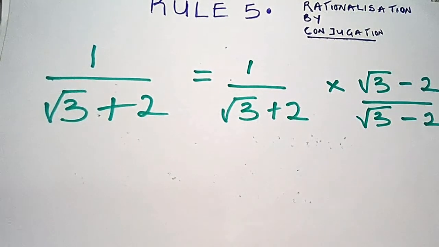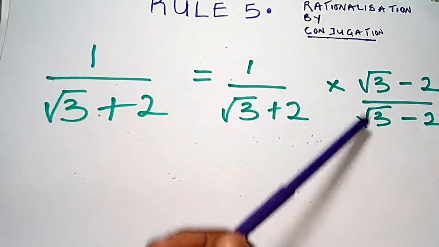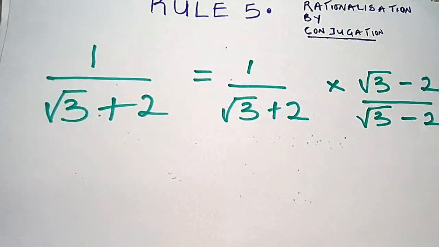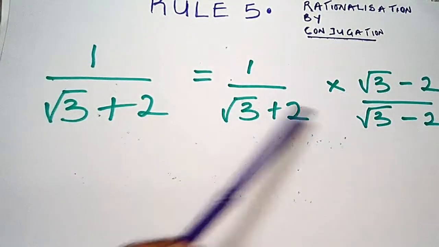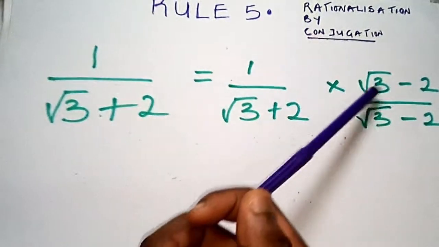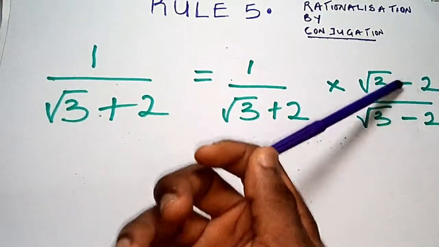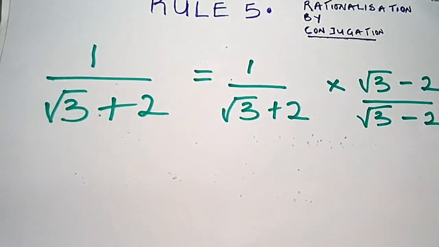So you can try it out on your own: if you multiply top and bottom with the positive sign, you obviously get a complicated form. But multiplying with the negative sign there, we get a natural number. And we're going to do the negative sign and see that you get a natural number.